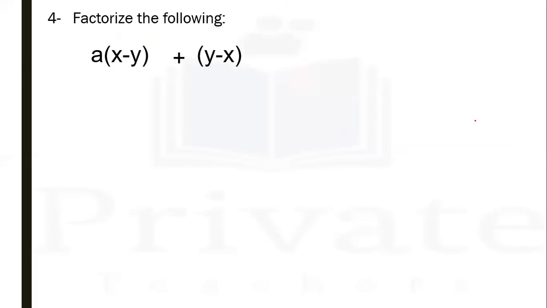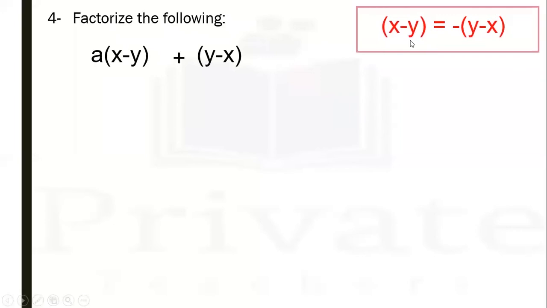Factorize the following: a times x minus y plus y minus x. Here, it is obvious that we are going to use factorizing using the common bracket. But look at this one: x minus y and y minus x. They have a relation between them, which is that x minus y is equal to negative y minus x.